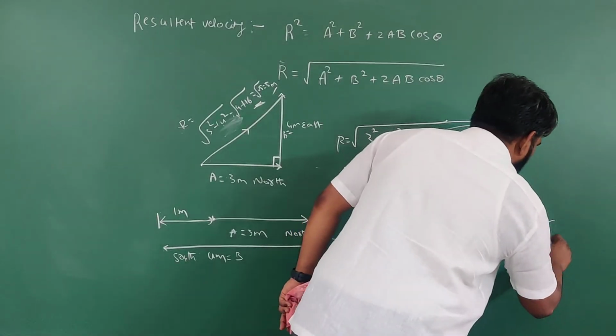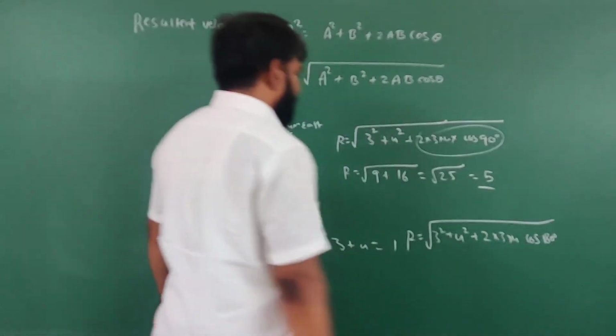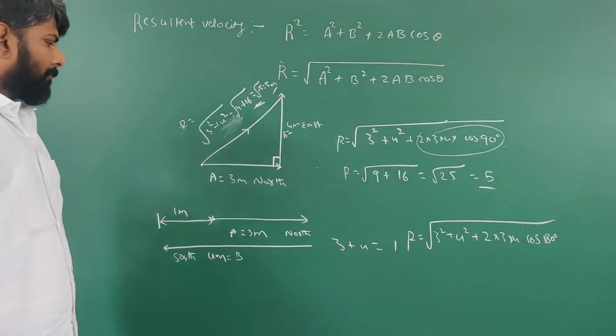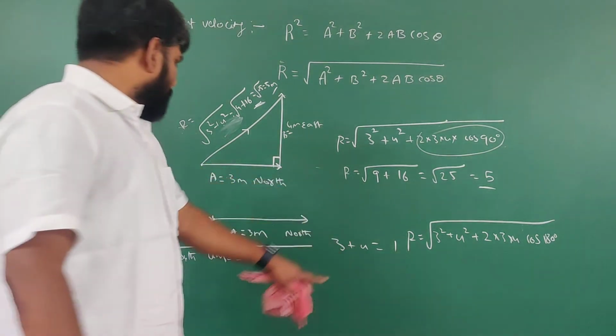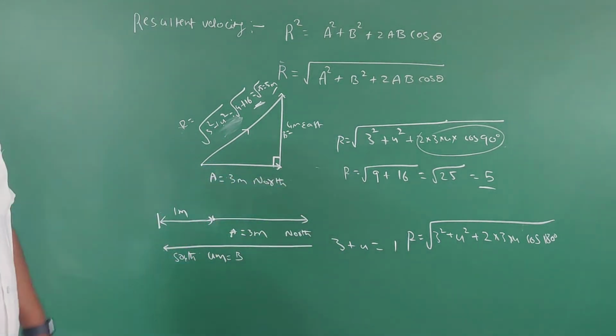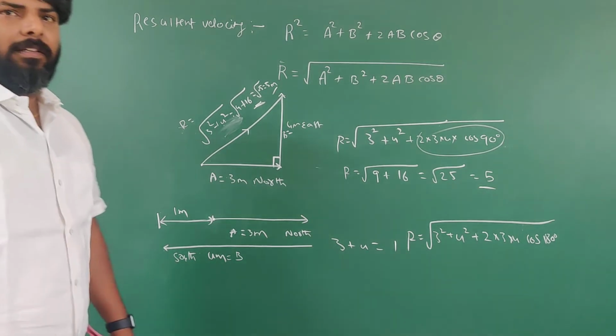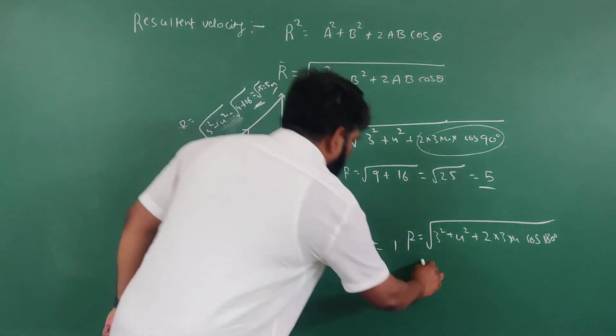So cos 180. Understood the point? Cos 180. Substitute the values. Because the cos 180 value is minus 1. Right?